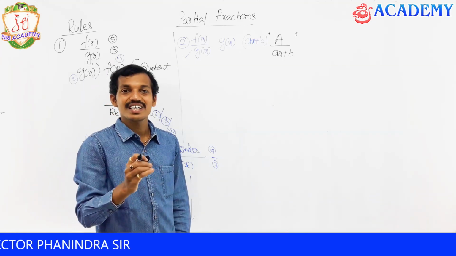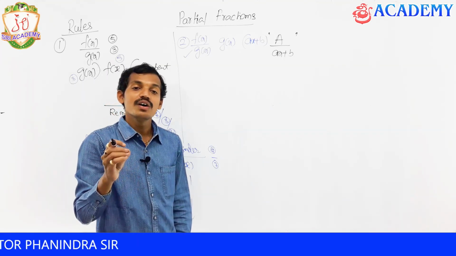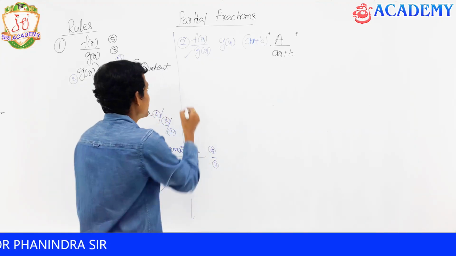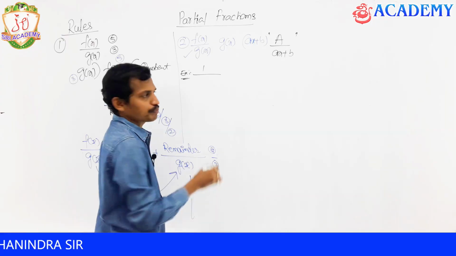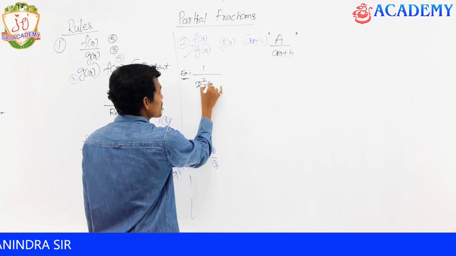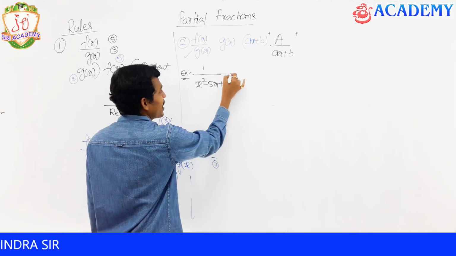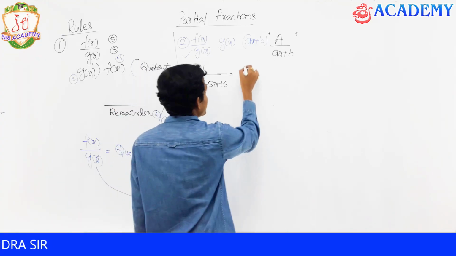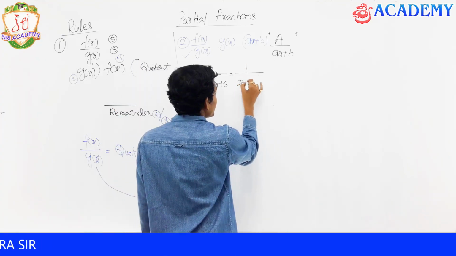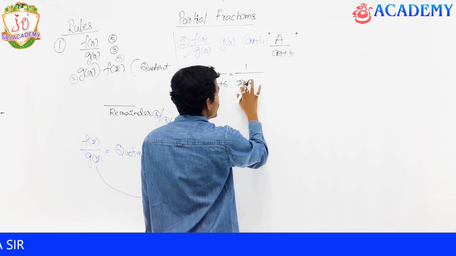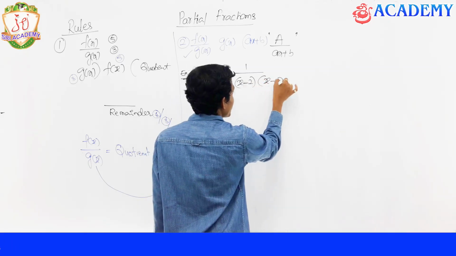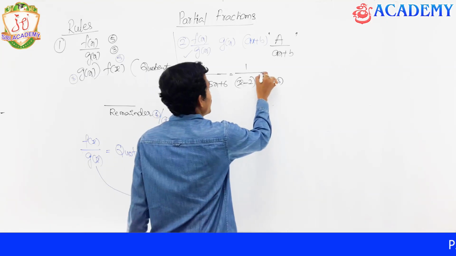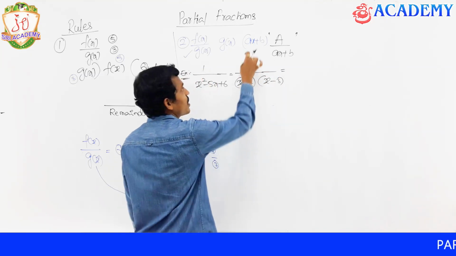Capital A is a constant, you have to find the value of A. For suppose I am giving one example, observe 1 divided by x square minus 5x plus 6. We can factorize the denominator: 1 divided by x minus 2 into x minus 3. Here there are 2 linear factors, each in the form of ax plus b.